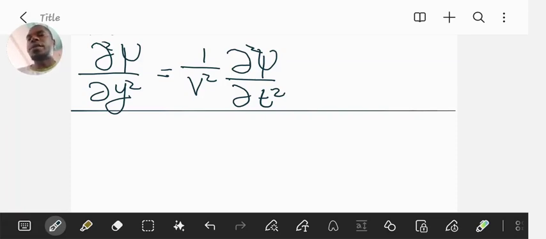Now the chain rule is very simple, but this is not the right time to show it.